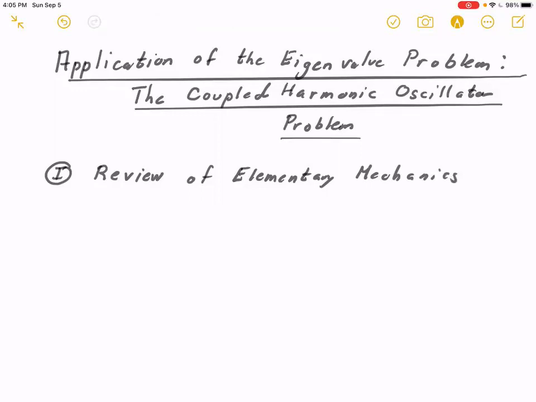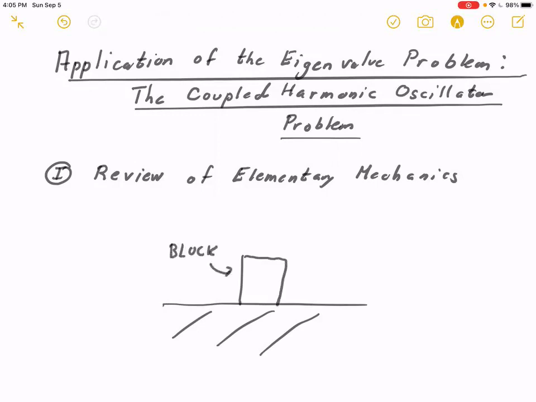So in particular, consider a floor on top of which there is a block. And this block has mass m.